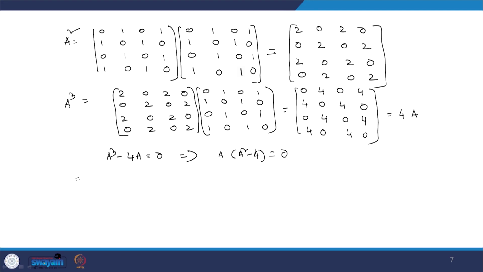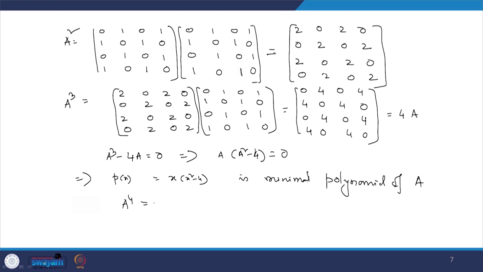So, Px is equal to x into x square minus 4, this has to be the minimal polynomial of A. We can check it again, what about A to the power 4?